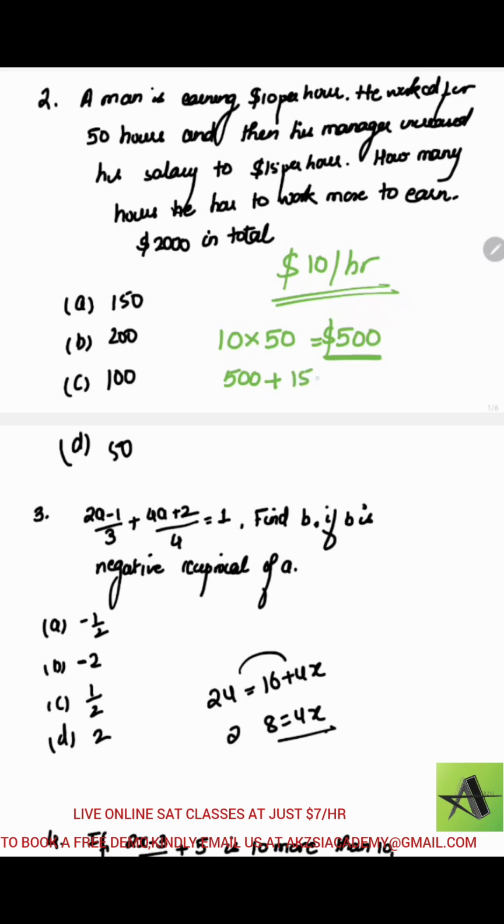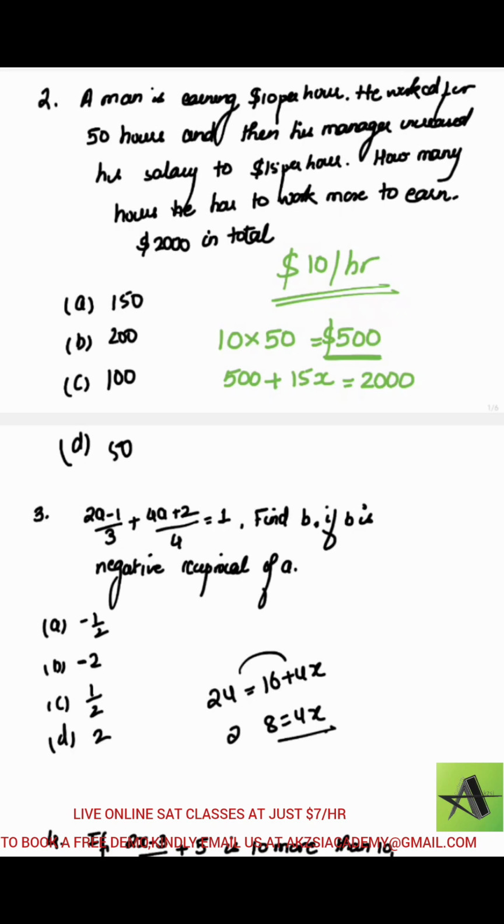And let's say x is the number of hours he is working now. This has to equal 2,000, because 500 he has already earned, and for working x hours at the rate of $15, if you add them, it will give you 2,000.